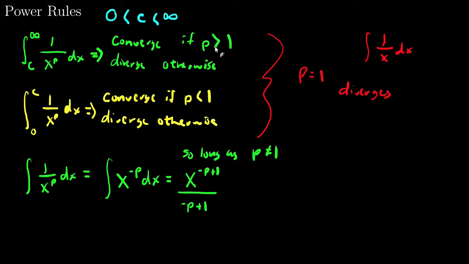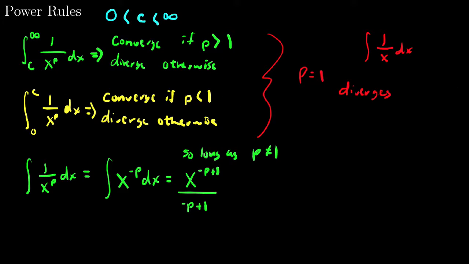If p is bigger than 1, this exponent will still be negative, which will cause an x to be in the denominator, and so I'll have something dividing by this infinite value. It'll go towards 0. If p is less than 1, this exponent will be positive and the x will stay in the numerator. And as we approach 0, it will go to 0. So that's the quick explanation for why this rule works.